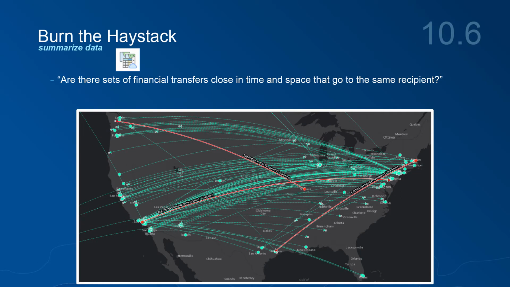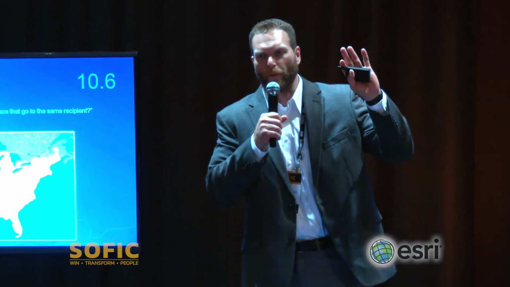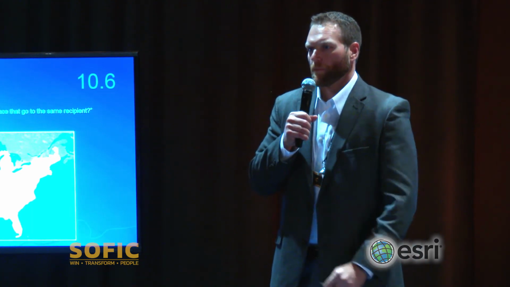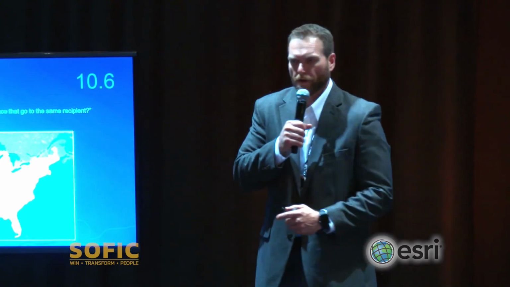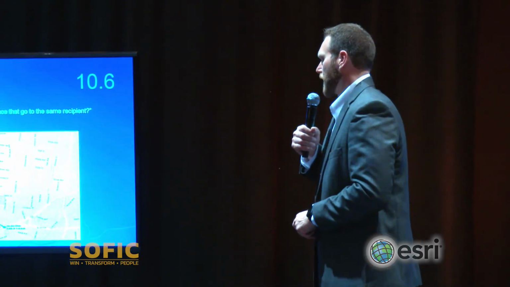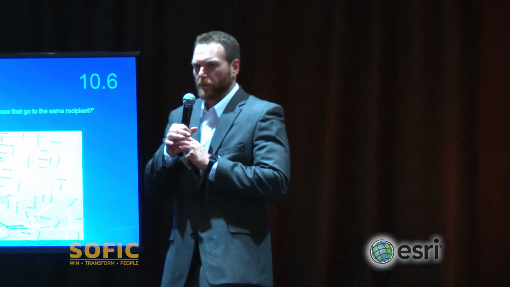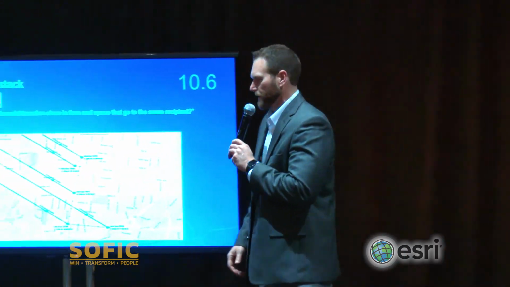A good example I like to use is this: 1 billion bank transactions happening across the United States. Again, looking at a bunch of points on a map is important, but what's it really telling me? How am I finding this? Well, I have this concept of burning the haystack down and then looking at the needles and understanding how the needles are operating. So if I take these billion points and see how they relate to each other over space and time, I start seeing some very interesting things happen.